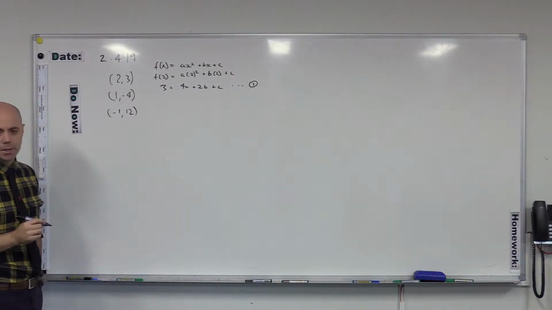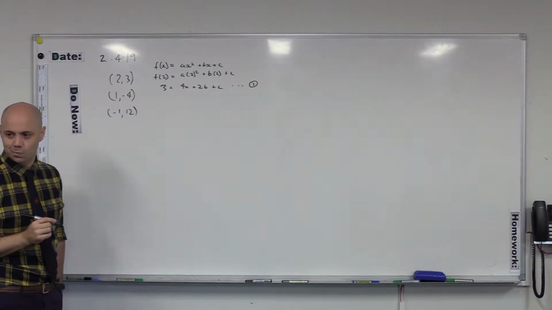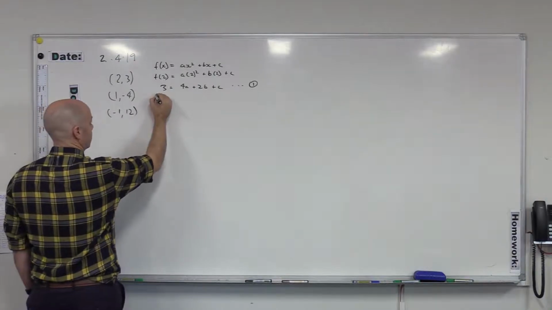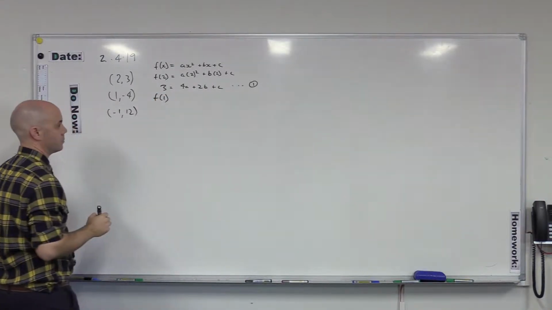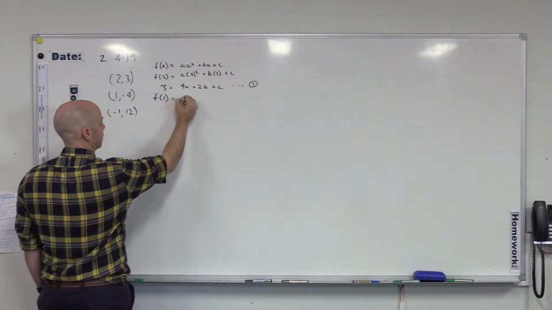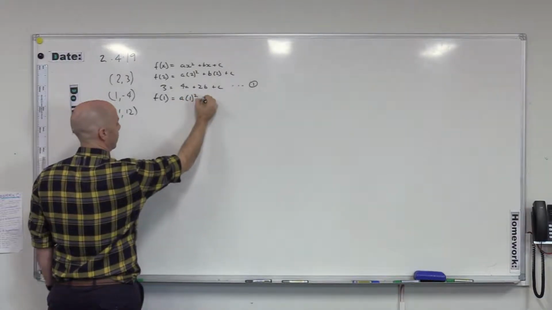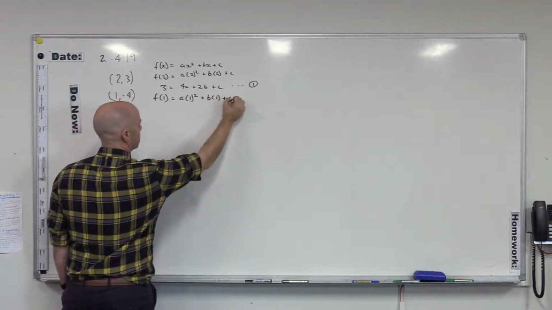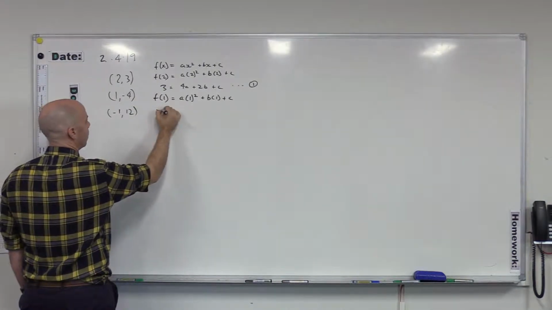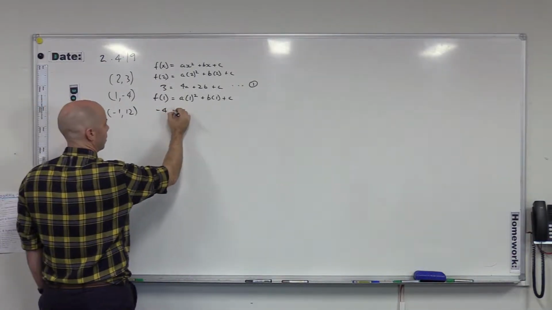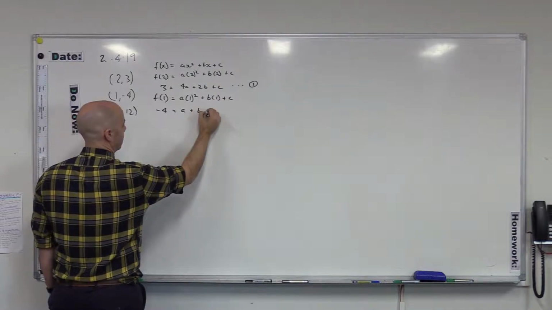Right, what's my next one? So it's the function at 1. A brackets 1 all squared plus b brackets 1 plus c, and that equals -4. And that's a plus b plus c.